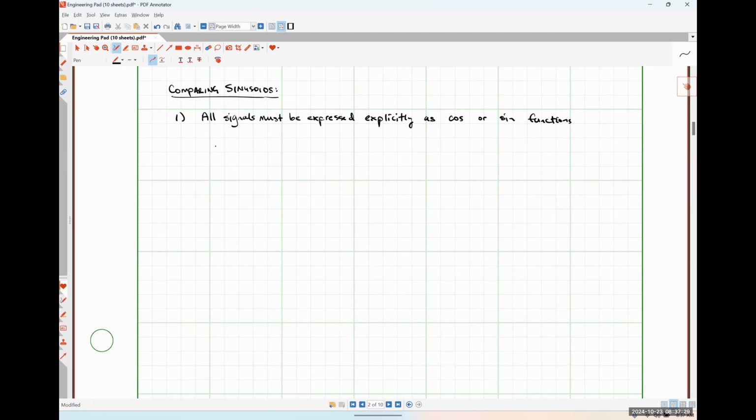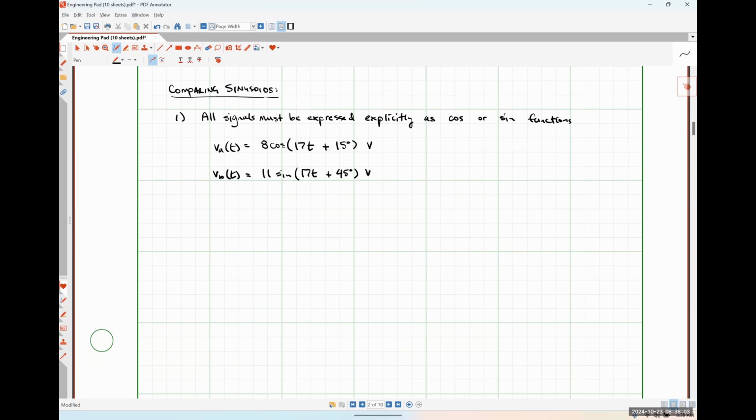So let's say that I have some voltage signal VA of t is 8 cosine 17t plus 15 degrees volts, and VB of t would be 11 sine 17t plus 45 degrees volts.